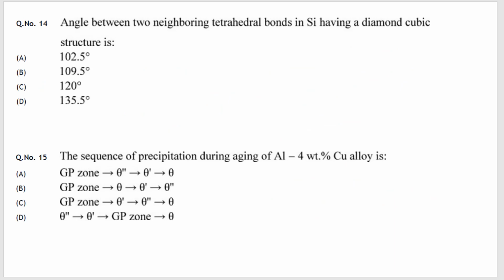Okay, next question. Angle between two neighboring tetrahedral bonds in silicon having a diamond cubic structure is? So here we are having tetrahedral bonds. So if you draw the tetrahedral void or bond, then we'll get something like this.